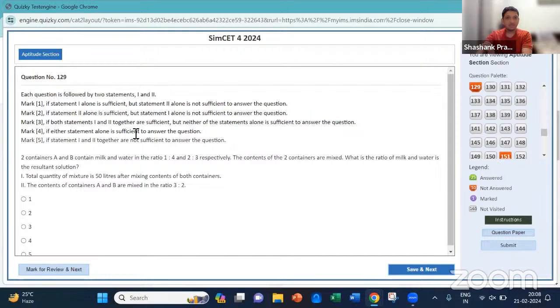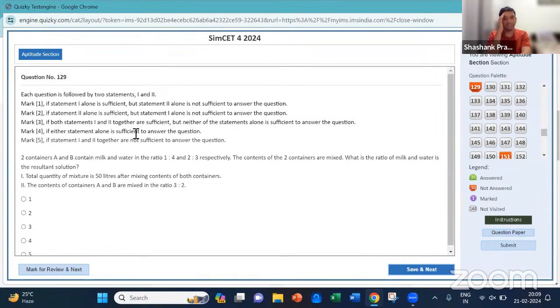Fair. 1:4, 2:3. Contents are mixed. This will be allegations. Total quantity of mixture is 50 liters after mixing content. But you don't know, no? Which one is which? A and B are mixed in the ratio 3:2. So, ratio of milk and water is asked, right?